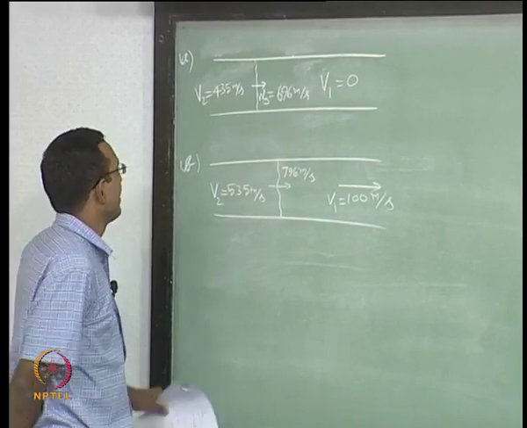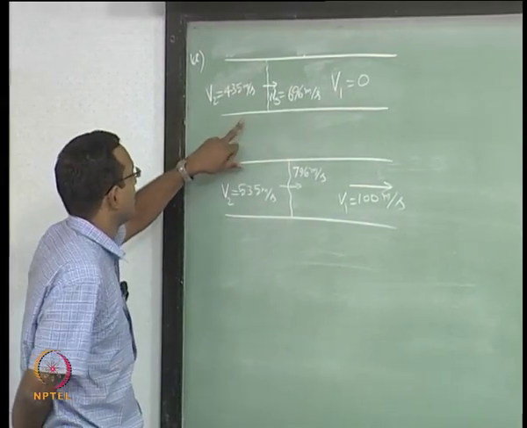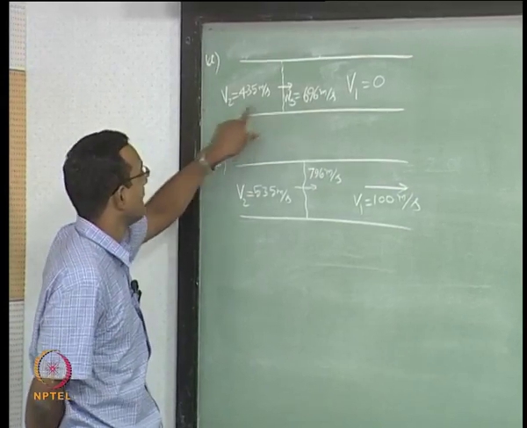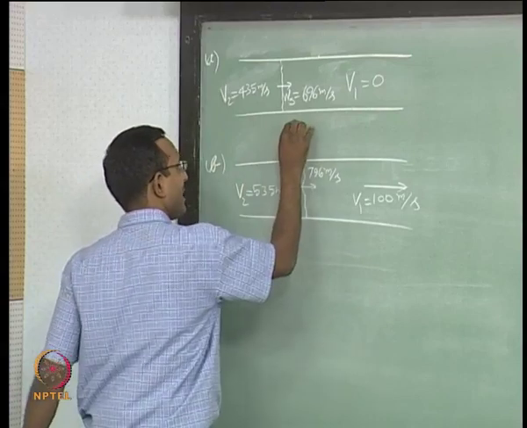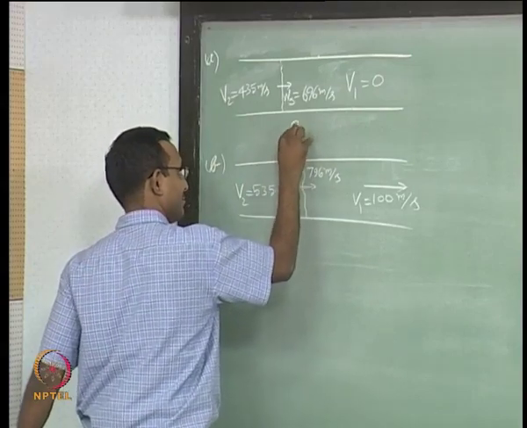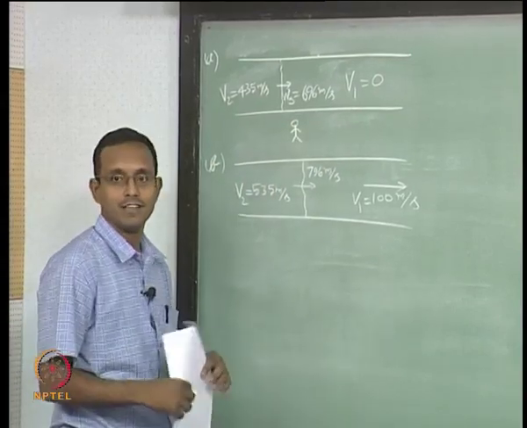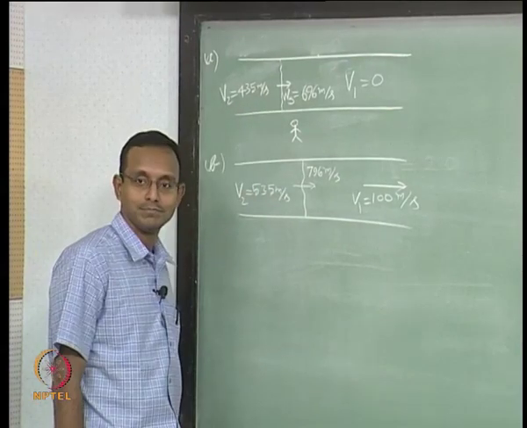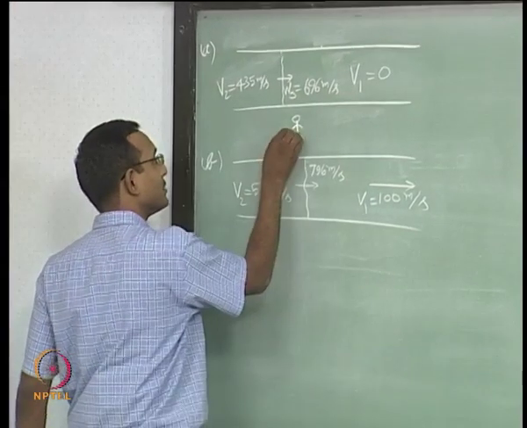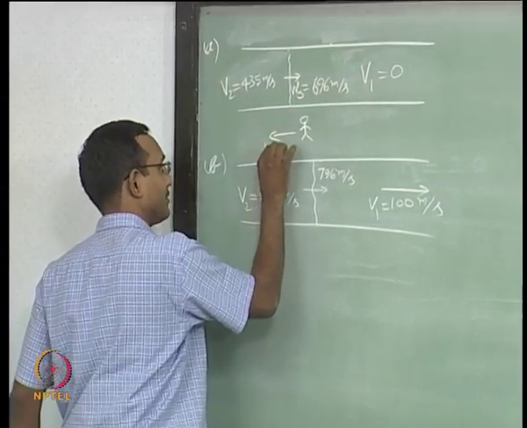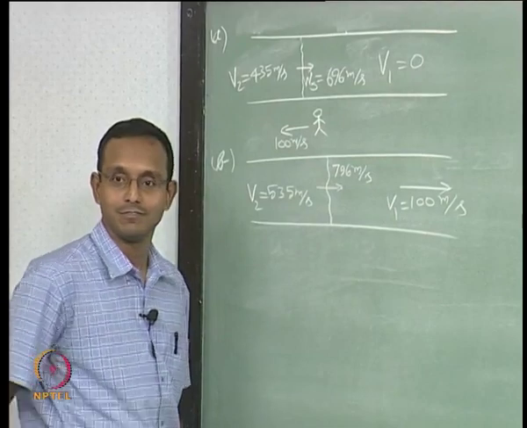Okay. If I look at the picture from problem A, I have this case, and if I say I have an observer standing here and he is observing this particular problem. Now, if I say he is not just standing there, but he is moving this way with 100 meter per second, he is on a bus.